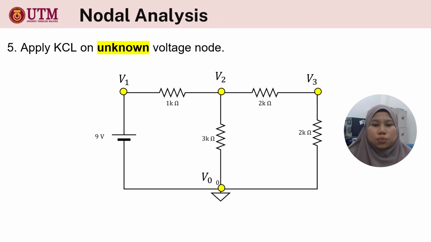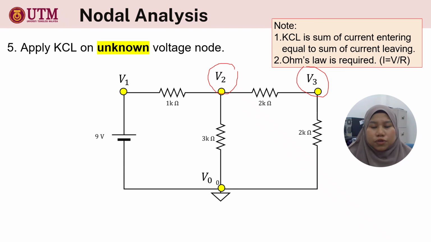Next, we already know V1 is equal to 9, V0 is equal to 0. So we need to apply KCL on the unknown voltage nodes. Which are the unknown voltage nodes? This V2 and V3. So remember that in nodal analysis, there are two laws that you need to follow. First is KCL. Second is Ohm's law. What is KCL?